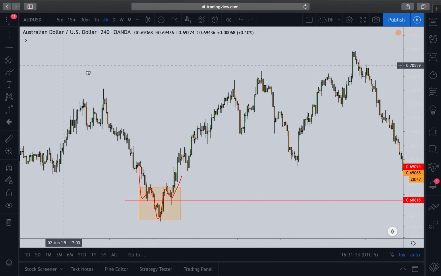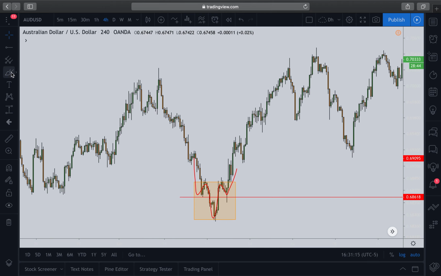Here's a nice example of a fake out right here. This is a double top, but it had a double bottom on the inside. Price pushed up to the upside, made a top, came down, formed a double bottom to fake out these buyers. All these people that were buying, all they did was push it to the upside.